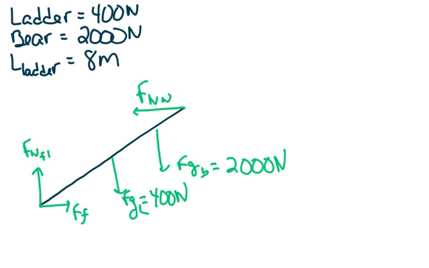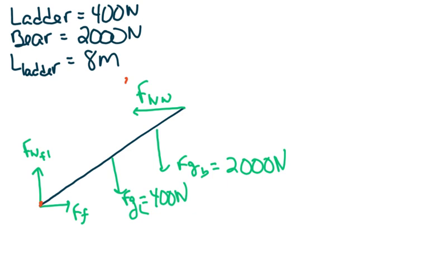I'm also going to go ahead and put my lengths on here. Before I do that, we have to decide where our 0 or our rotation point is going to be. Where should we put it? At the bottom. That's exactly where I would put it too, because right now we have 3 unknown forces, so I would put it where we have 2 unknowns.